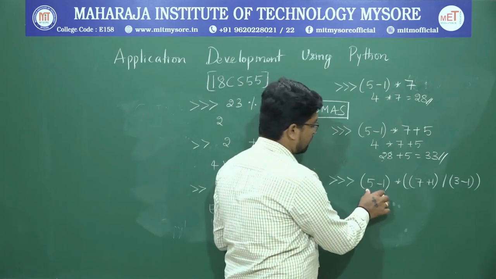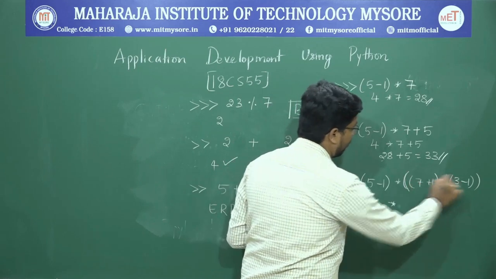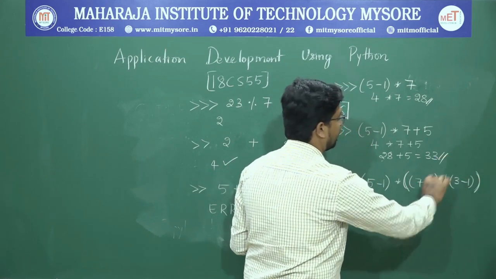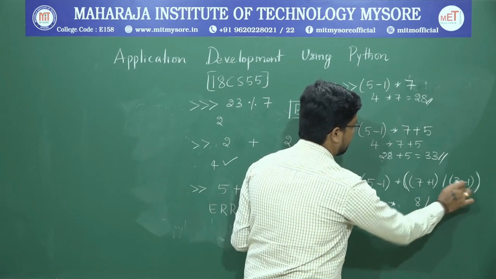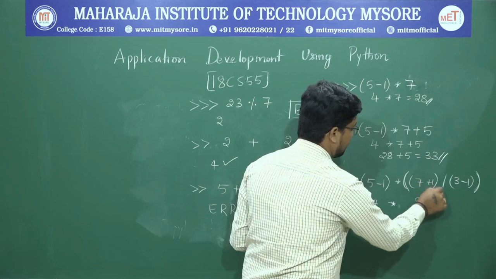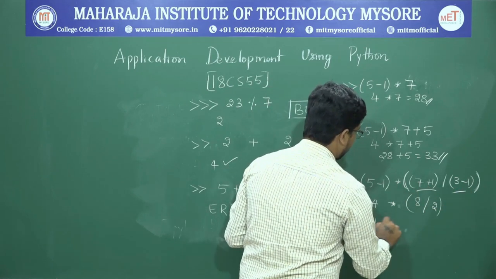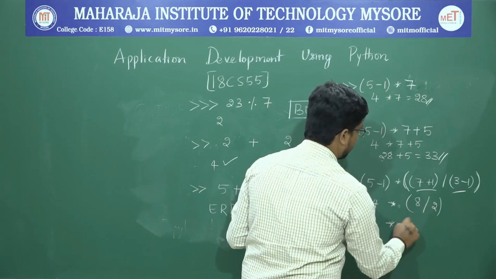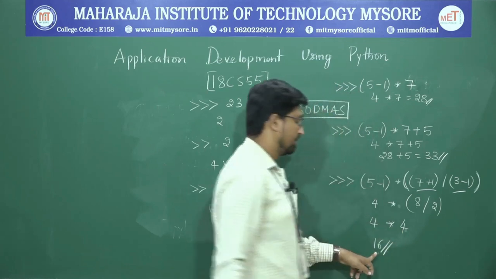Now this is the next one. First I need to solve the brackets, that is 5 minus 1, 4 star. I have a whole bracket here, inside that I have two smaller brackets, 7 plus 1 is 8, divided by 3 minus 1 is 2. These two brackets are evaluated, then I have the final bracket, that is 4 into 8 divided by 2, it is 4, 4 4s are 16.